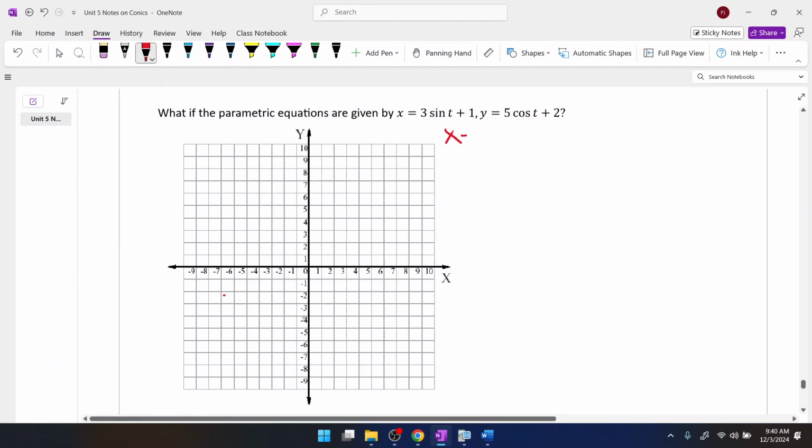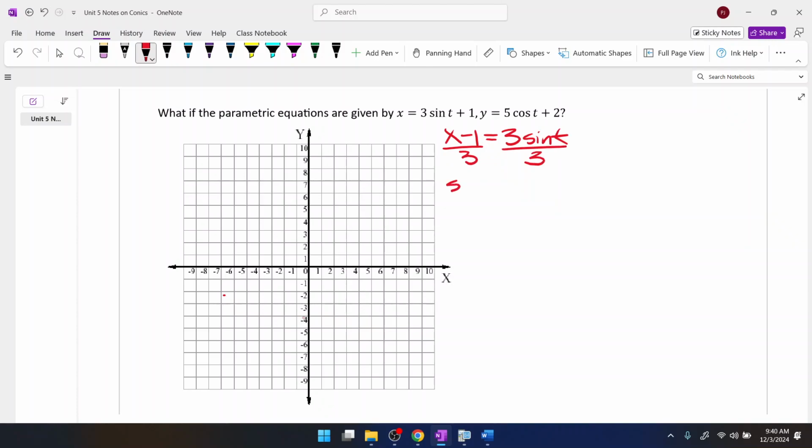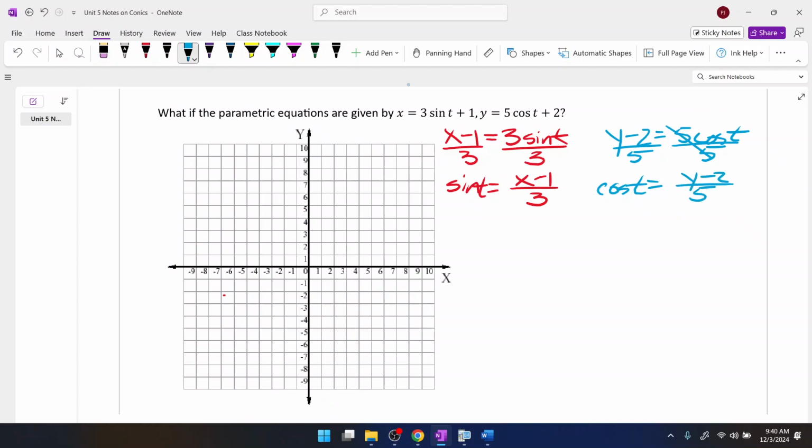So you have x minus 1 equal to 3 sine of t, and dividing out by 3, you have sine of t equal to (x minus 1) over 3, and y minus 2 equals 5 cosine of t, dividing out by 5, and we've got cosine of t equal to (y minus 2) over 5.